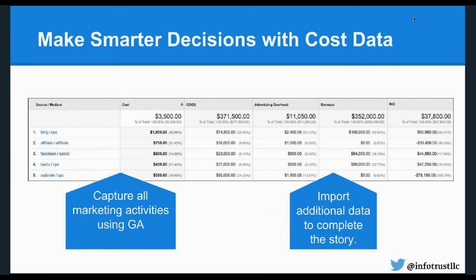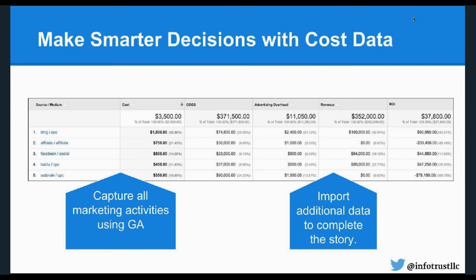Taking this a little bit further, when we market our products and services on Google AdWords, by natively integrating Google AdWords and Google Analytics, we are accustomed to high quality data where we can see impressions, sessions, and how much money we are spending across all of our campaigns and the revenue that we generate.